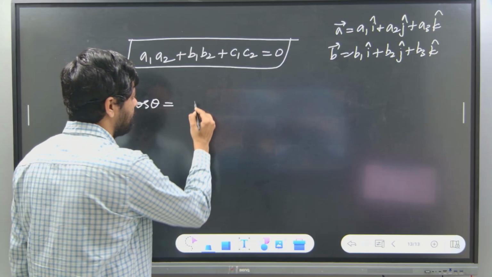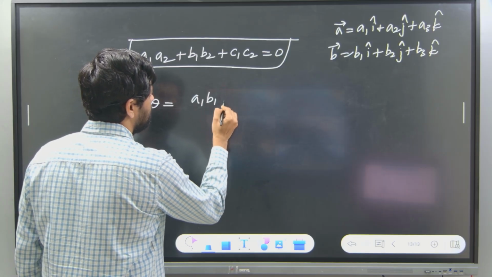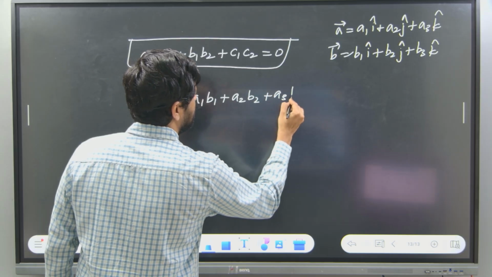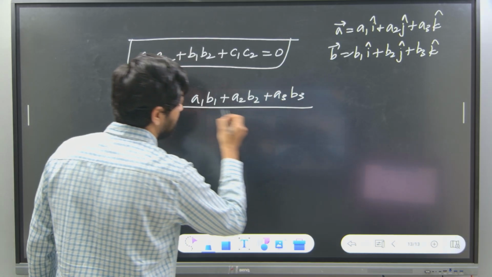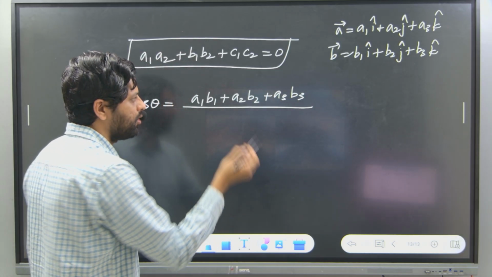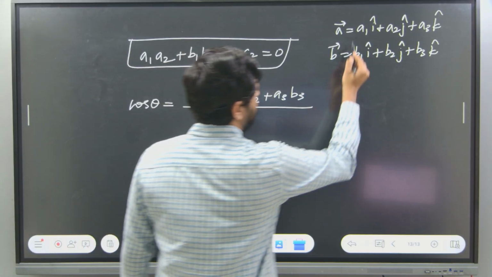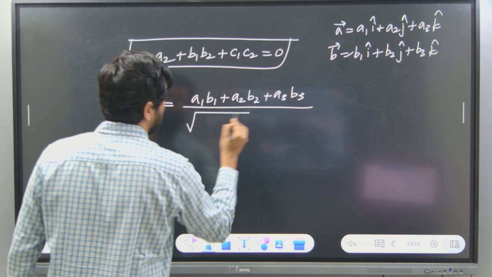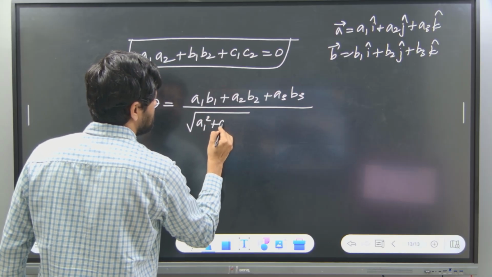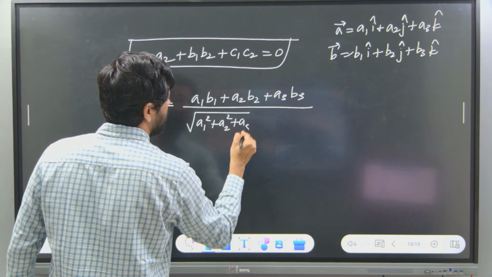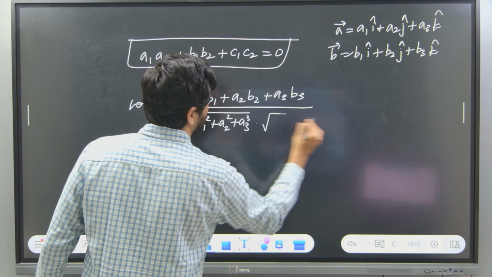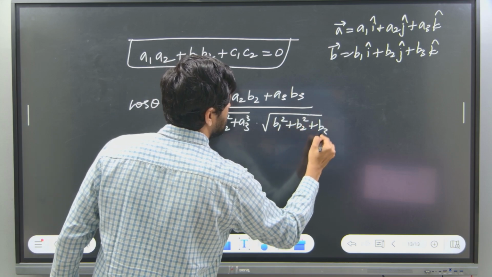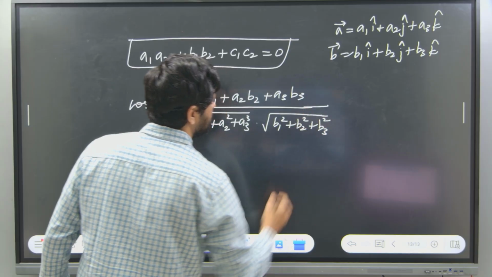A1 B1 plus A2 B2 plus A3 B3, which is A dot B, divided by the magnitude of A, root of A1 square plus A2 square plus A3 square, into root of B1 square plus B2 square plus B3 square.